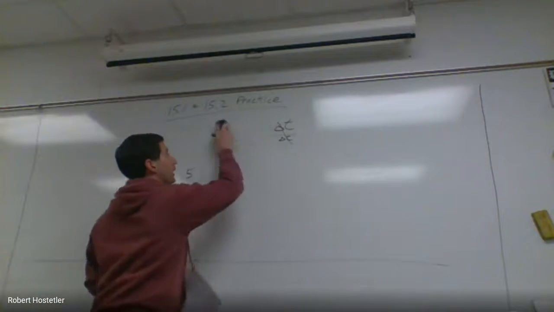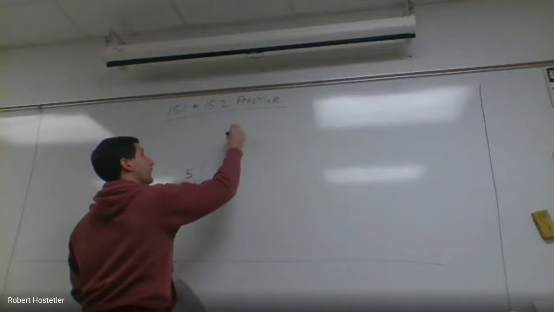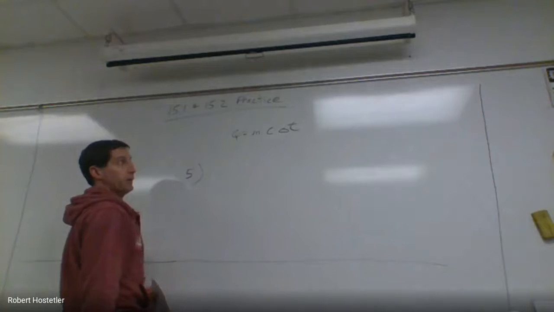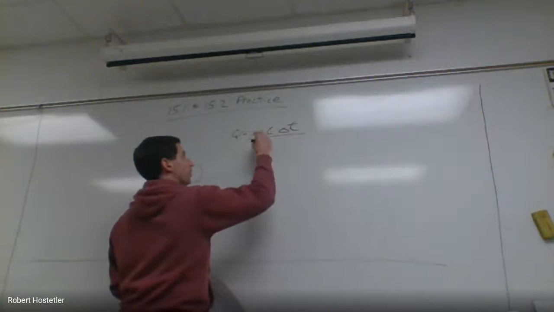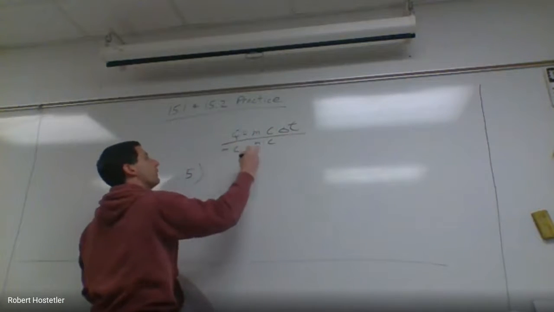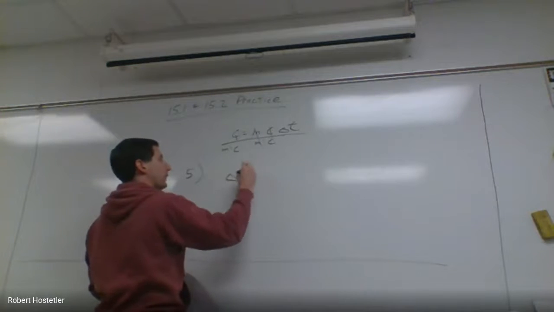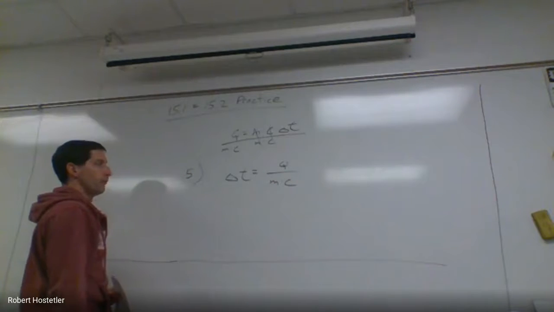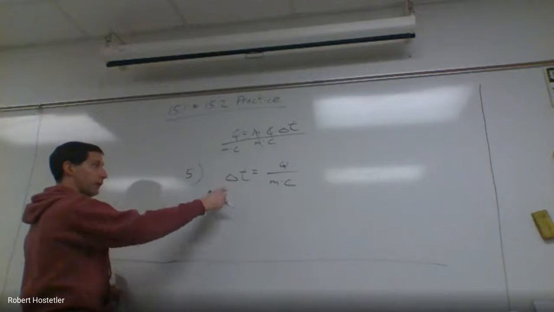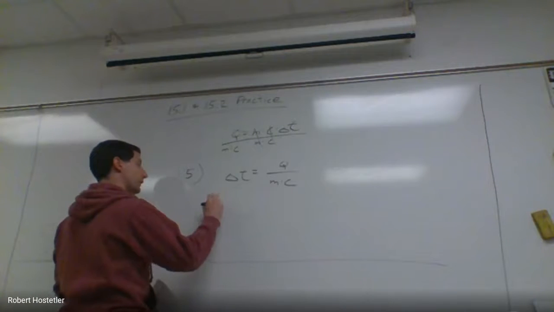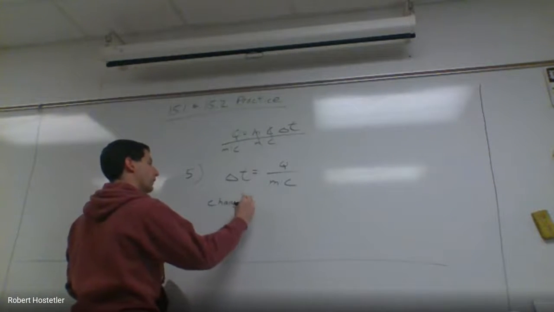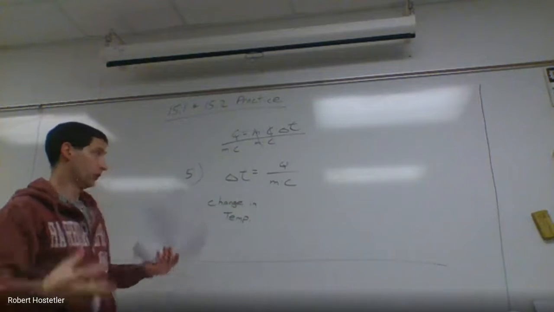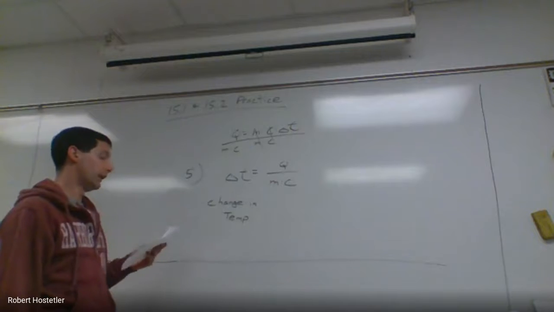So if we go back to our Q equals MC delta T, you want to solve for delta T. So we're going to divide both sides by M and C. So now delta T is just Q over M times C. So you're going to put your values in and solve for delta T. Now notice delta T is the change in temperature. It's not the final temperature. So you have to decide whether the temperature goes up or down and then apply that change.